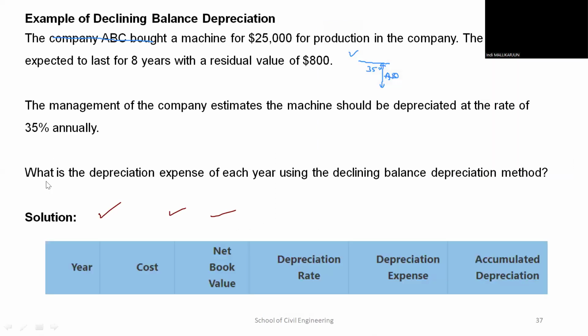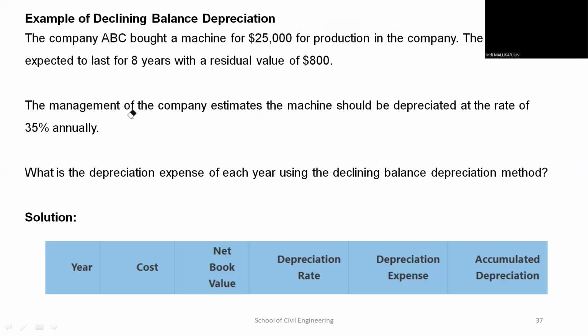See here, we have an example. A company ABC bought a machine worth $25,000 for production in the company. The machine is expected to last for 8 years with a residual value of $800.